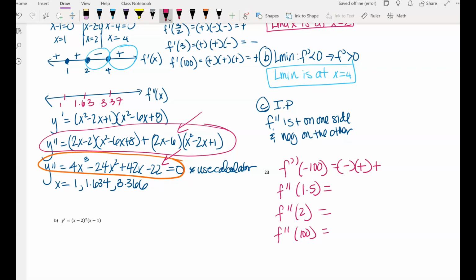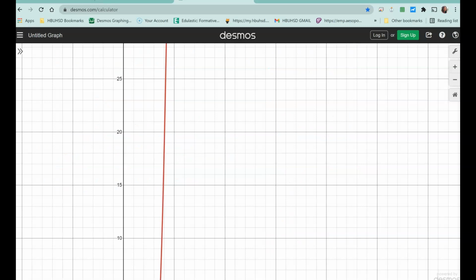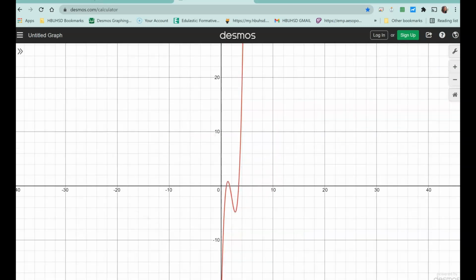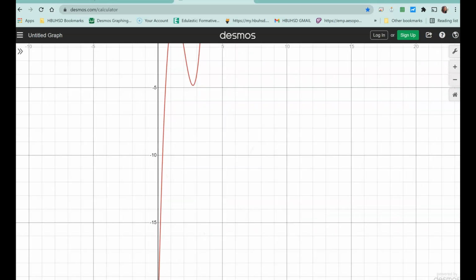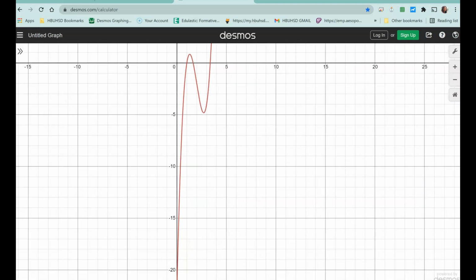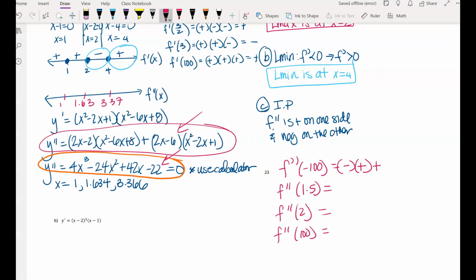Since I already have the graph out, can we just use my graph here to see what's happening when we plug in negative 100? When we plug in negative 100, would you agree that's negative based on this graph? Because it goes downward. So just for the sake of simplicity, and I promise you, if it's an ugly number in your homework, you can use a calculator. Now on the test, if it's non-calc, believe me, I will give you friendlier numbers, okay?